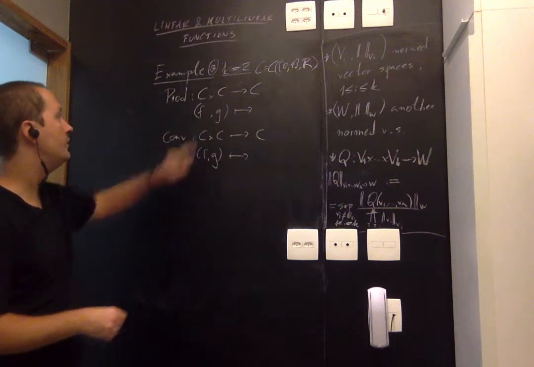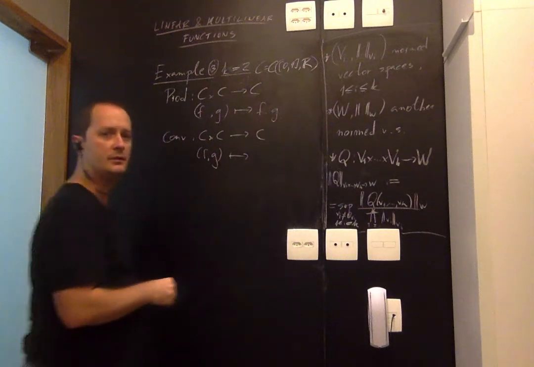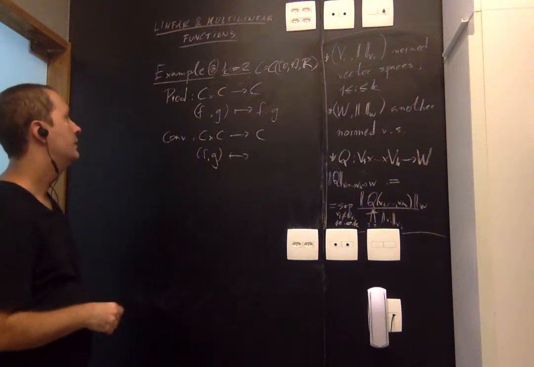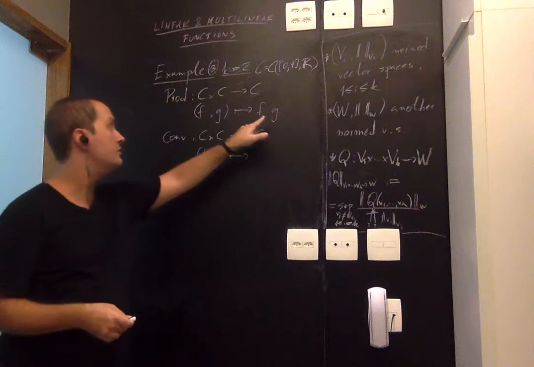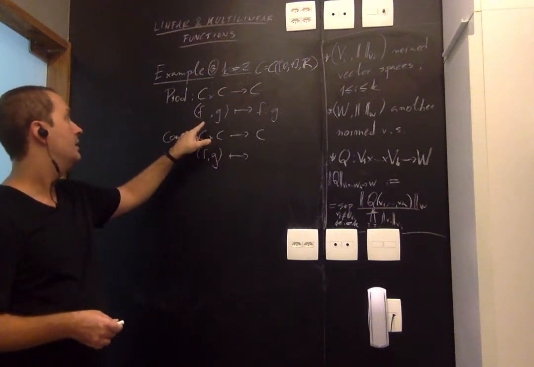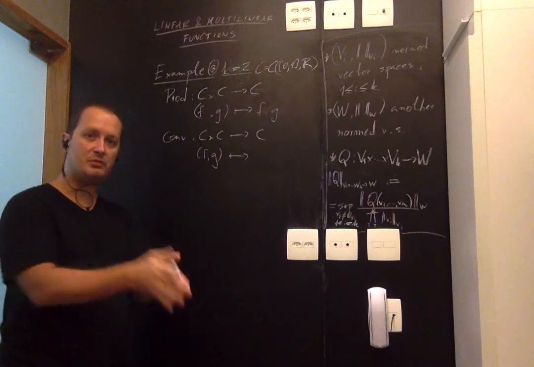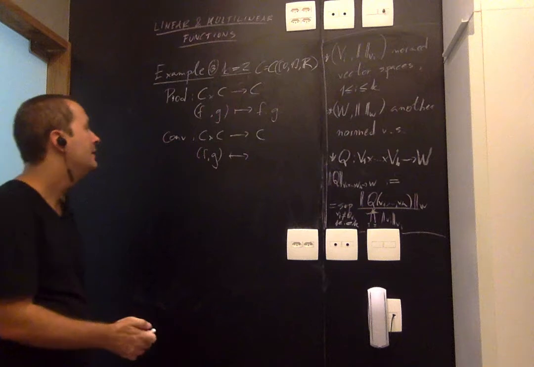One of them is take two functions and compute their product. So this is an operation that maps a pair of continuous functions to a continuous function. We know that the product of continuous functions is continuous because if two things converge, their product converges to the limit that it should have.